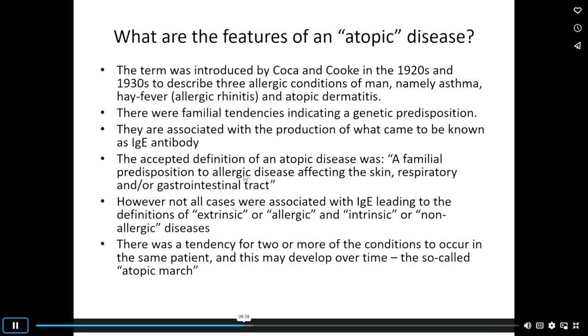There was a tendency for 2 or more of the conditions to occur in the same patient, and this may develop sequentially over time, the so-called atopic march. So we may have a child developing atopic dermatitis at the age of 4 or 5 and going on in the teenage years to develop allergic asthma or rhinitis.